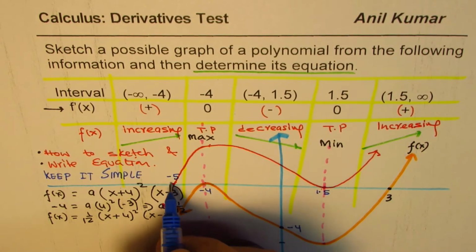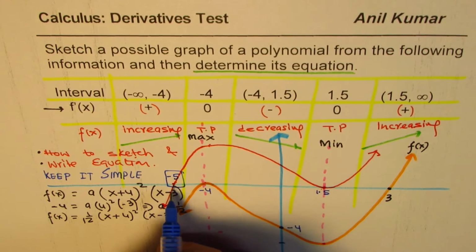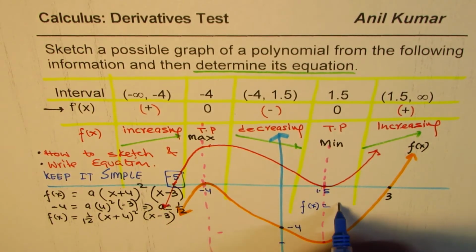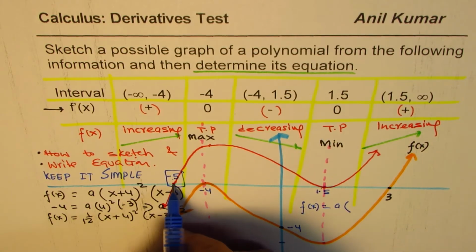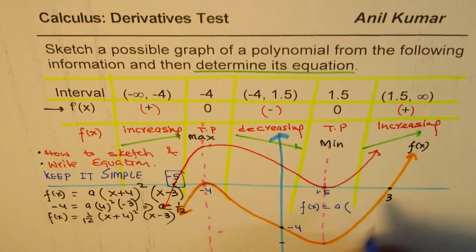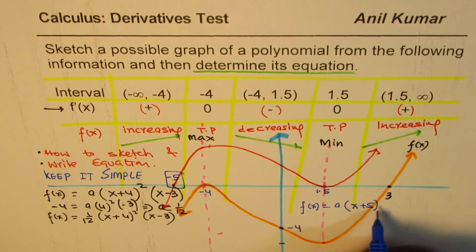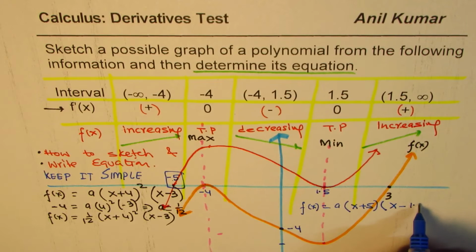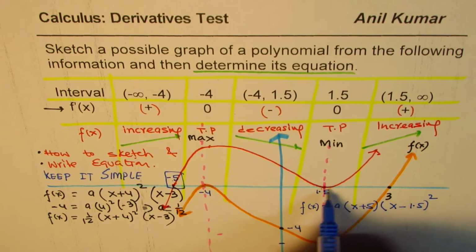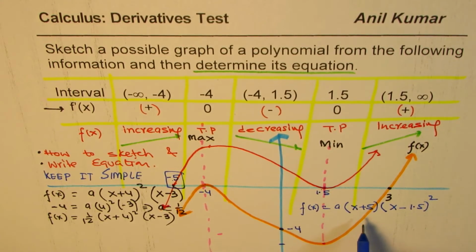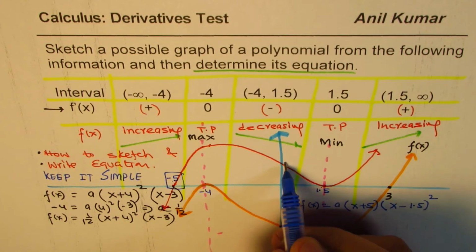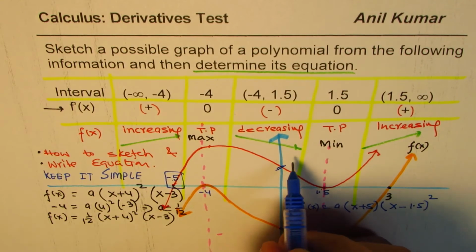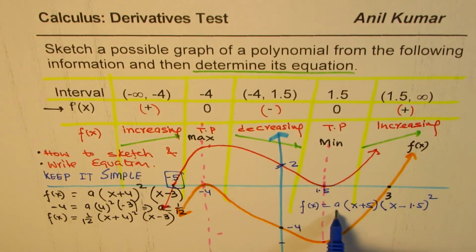So if this point is -5, then you get a polynomial whose function should be a times (x + 5) times (x - 1.5) whole square, since it is turning. And then you, of course, can find the y-intercept from your graph, give it a value, let's say 2, and then find a.